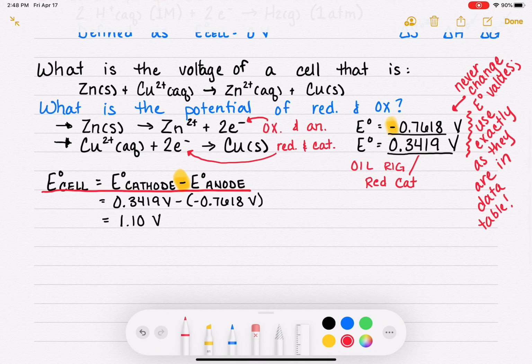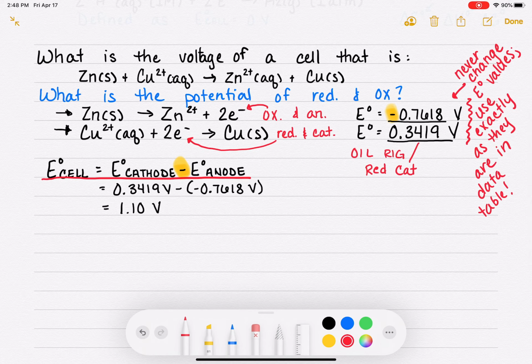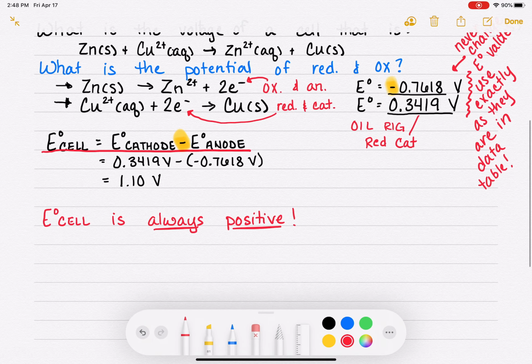What you need to know, and we're going to see this come up a couple of times, is that the value of E-cell is always a positive number. It is never a negative number. So if you plug two numbers into the E-cell equation and you get a negative number, A, you've done something wrong, and B, all that you've done wrong is plugged the numbers in backwards.